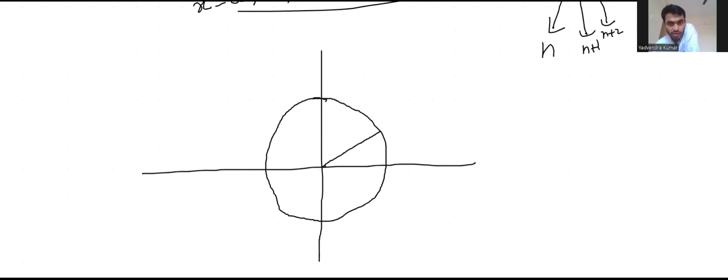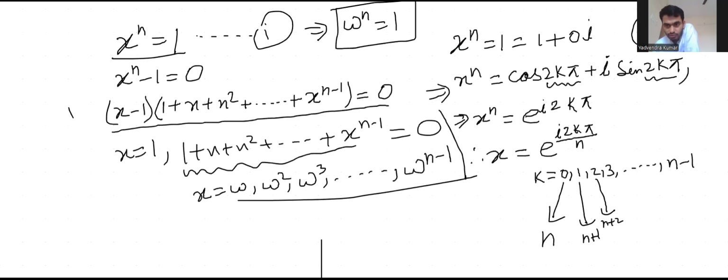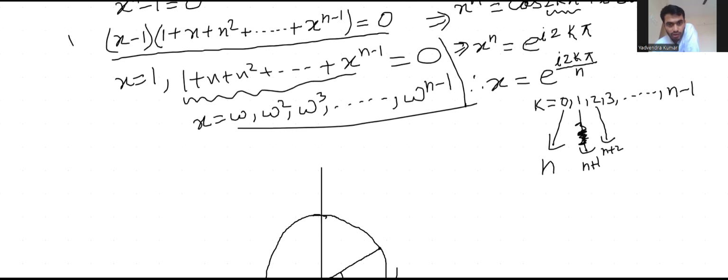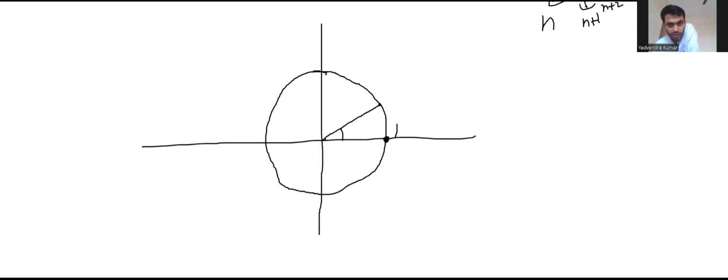So 1 is here. Then here another number will come, and you will see the angle as 2 pi by n. Put k equal to 1, this one. So you will get 2 pi by n. All angles are actually 2 pi by n. The next angle will also be 2 pi by n.